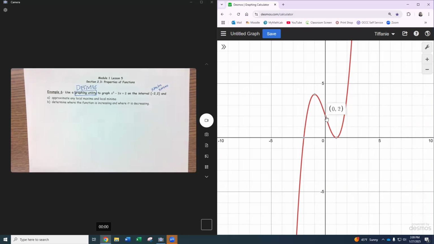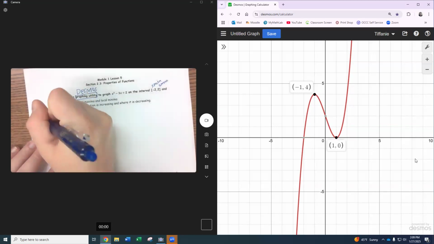So this is not a max or a min. This is my Y intercept. So I don't need that point. And I don't need this point here because that is my X axis right there. But this one is my maximum. And this one right here is my minimum. So here is my graph.